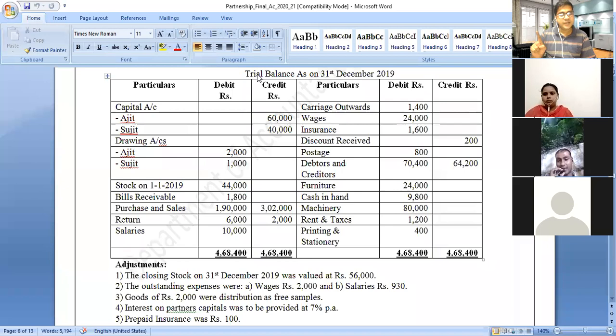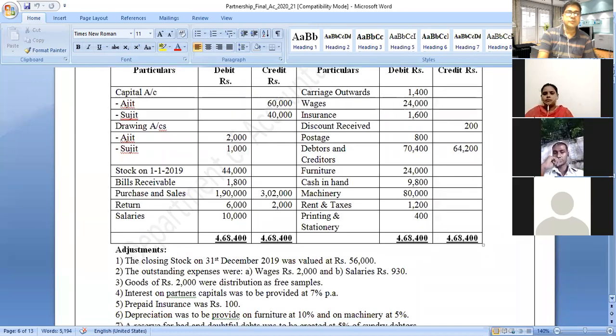Outstanding is always added, and second effect, liability side. Prepaid is always deducted, and second effect, asset side. Prepaid, asset side; outstanding, liability side. So these things you have to keep in mind, because these adjustments are regularly there in every question, and you should know about them. Now, next.